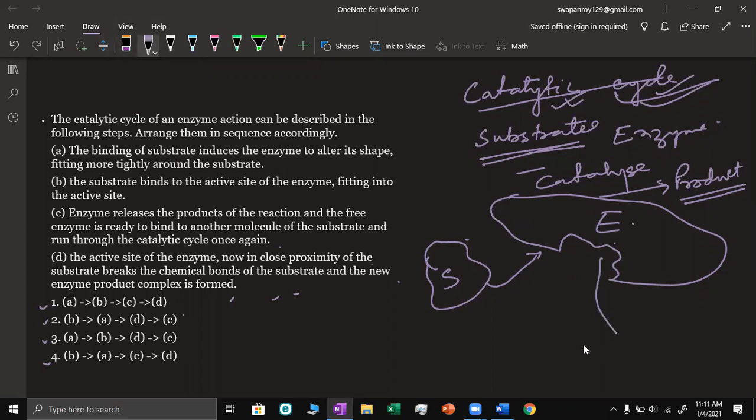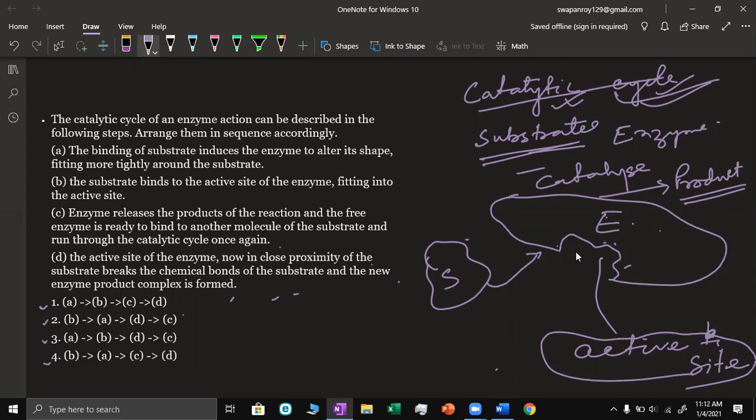This cavity is called the active site. This cavity is made of some special amino acids present in the enzymes. They make a cleft-like or pocket-like structure, and this is the active site.